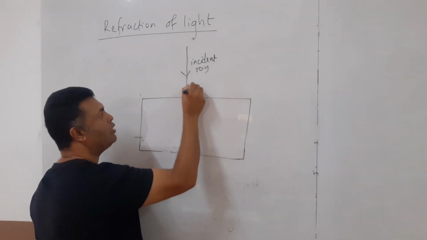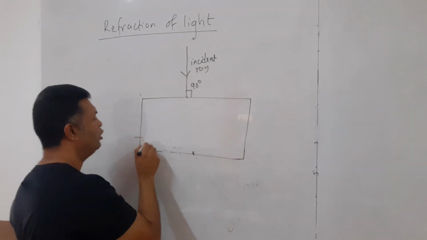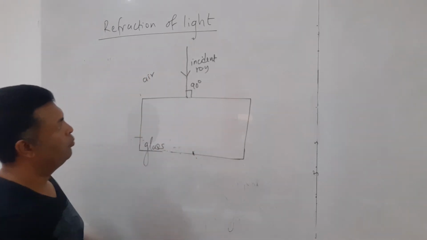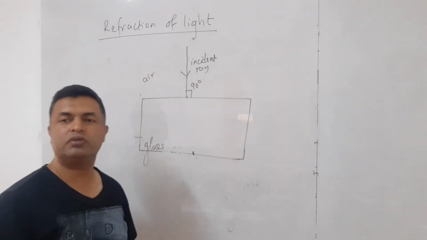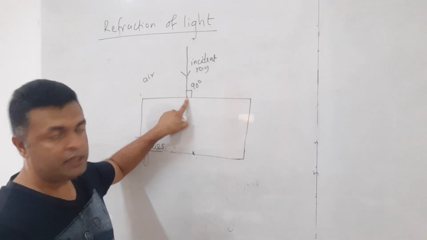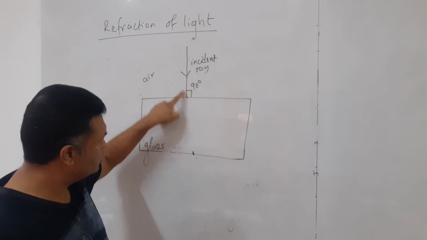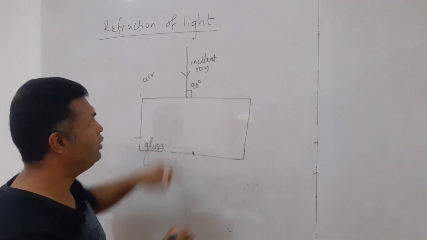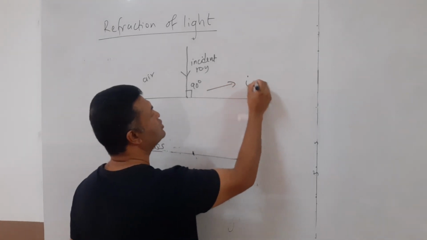This is making 90 degrees, perpendicular to the glass surface. Again, you have air to glass, but the incident ray is perpendicular to the glass surface. Now, when it is perpendicular to the glass surface, the normal also is found here, the incident ray and normal on the same line. The angle of incidence will be 0.